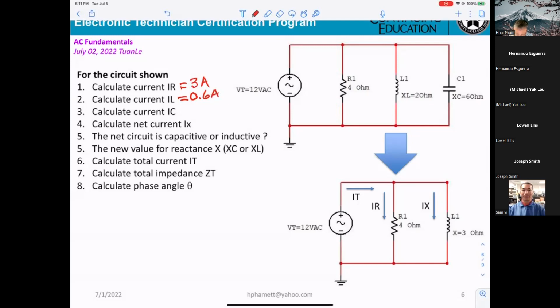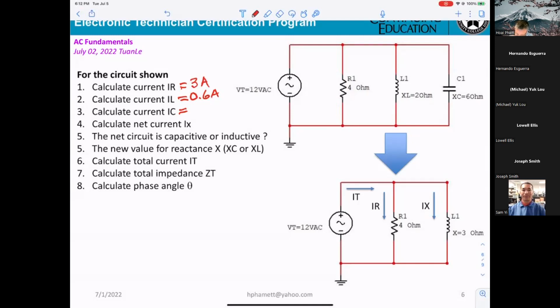I see. IC should be 2 amp, and then IL should be 6 amp.